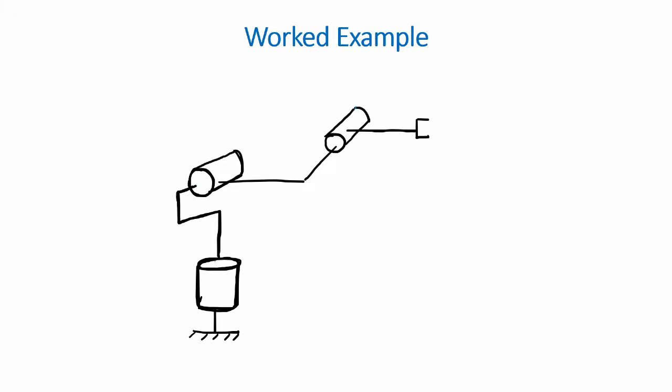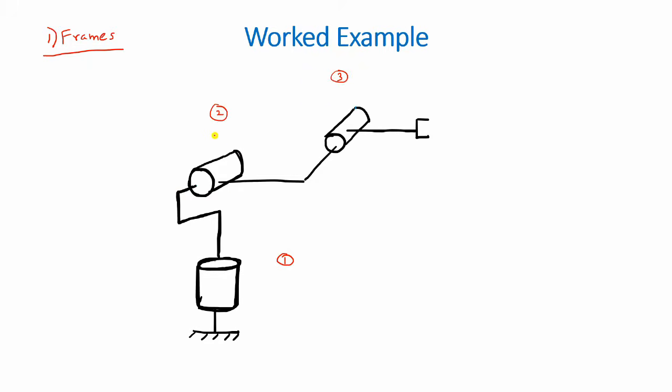Alright, so the first step would be frame assignment. Here we will be using the 6 conventions we learned, and we'll start off with identifying the joints and their joint axes. So we have the first revolute joint here, the second revolute over here, and the third joint over here.